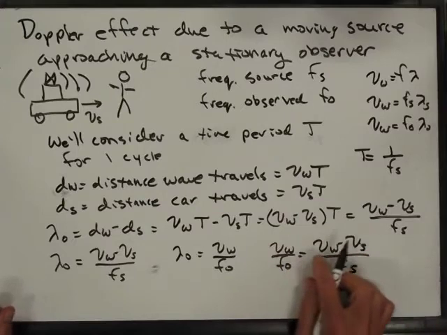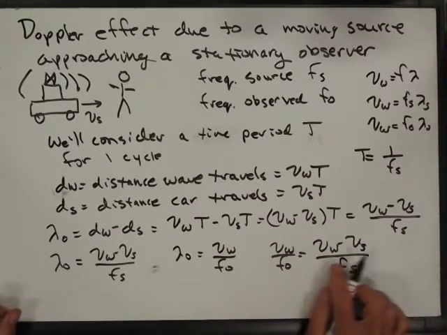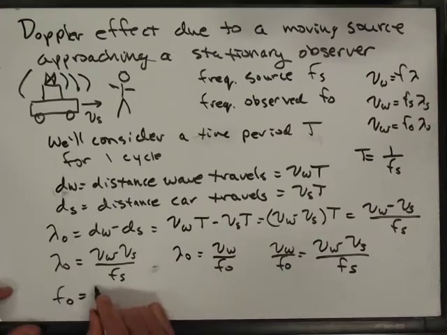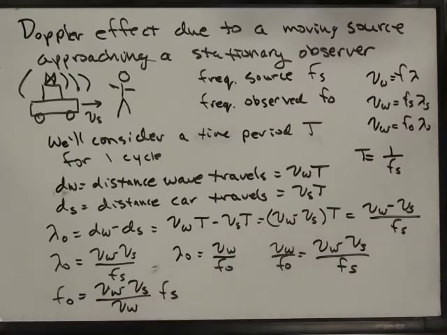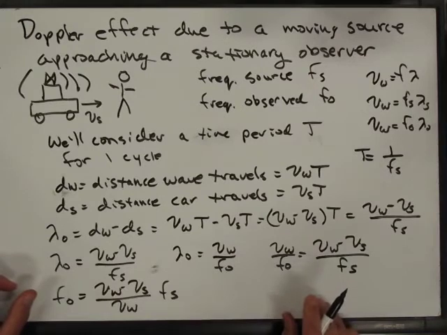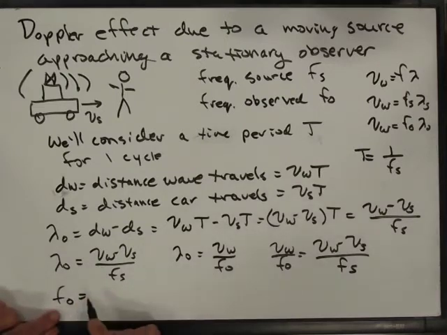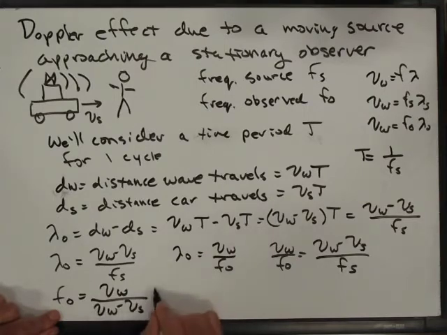Just multiply both sides by f observed, then multiply both sides by f source, and then divide both sides by velocity of wave minus velocity of source, and you get the frequency observed is equal to the velocity of the wave over the velocity of the wave minus the velocity of the source times the frequency of the source.